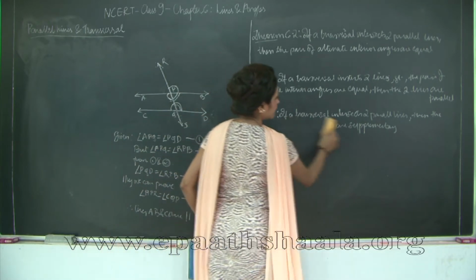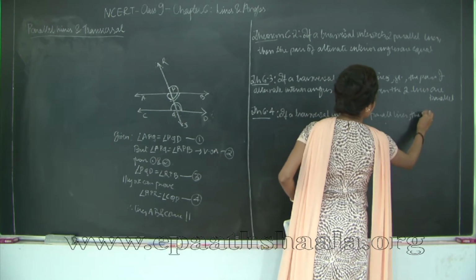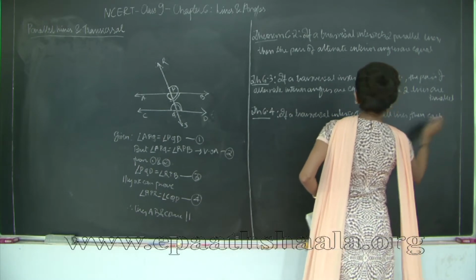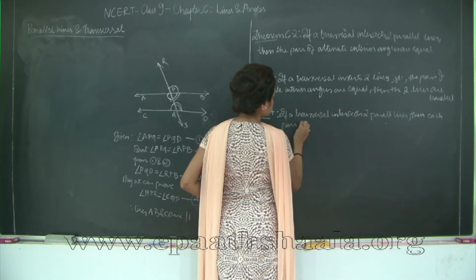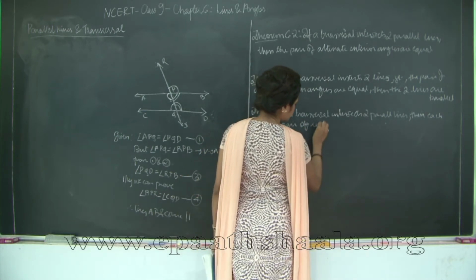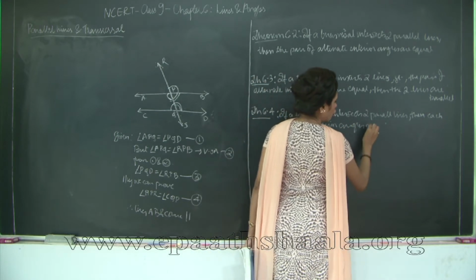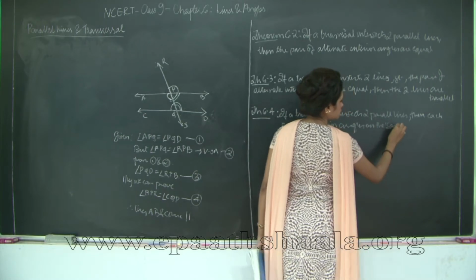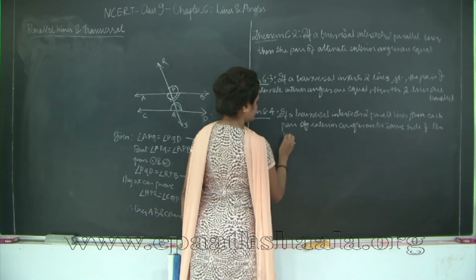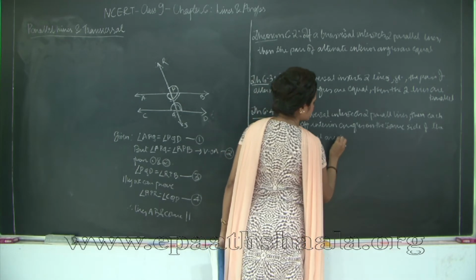So let's rewrite this. Two parallel lines, then each pair of interior angles on the same side of the transversal are supplementary.